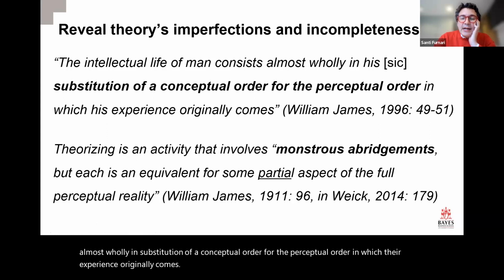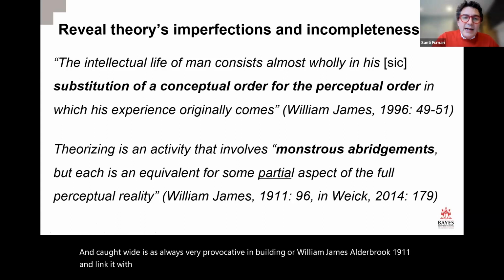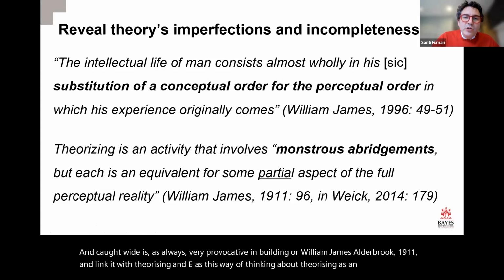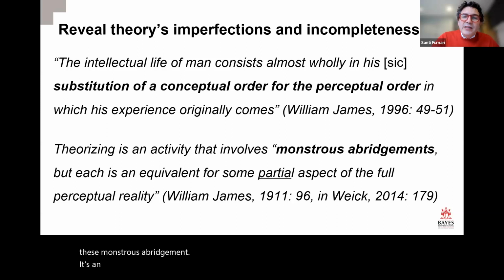And Carl Weick, as always very provocative, builds on William James' older book, 1911, and links it with theorizing. He thinks about theorizing as an activity that involves monstrous abridgments between perception and conception, and each monstrous abridgment is an equivalent of some partial aspects of the full perceptual reality.